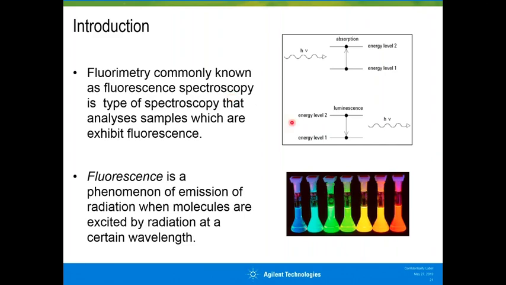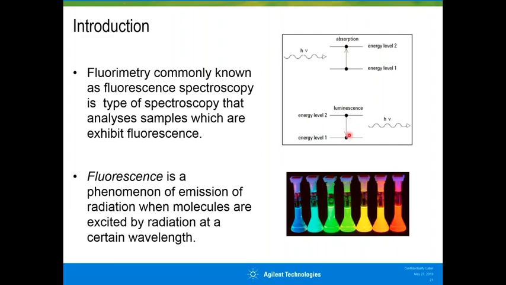It is basically a phenomenon wherein a sample is irradiated with light at a specific wavelength. The electrons in that sample get excited and move to an excited state by absorbing that radiation. After a certain amount of time, which is very, very short, they try to come back to the ground state.